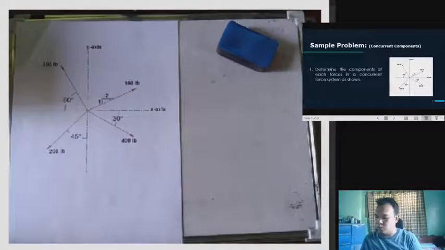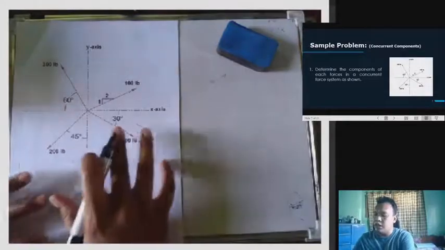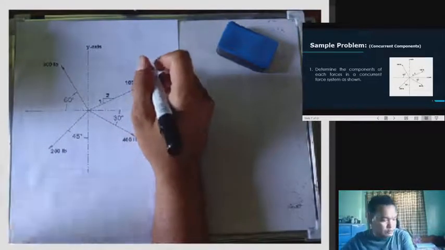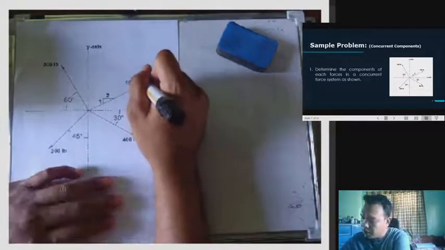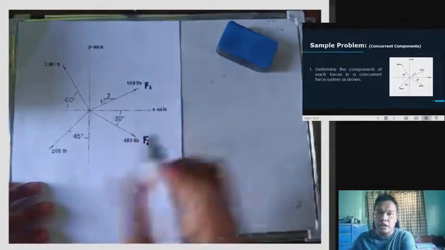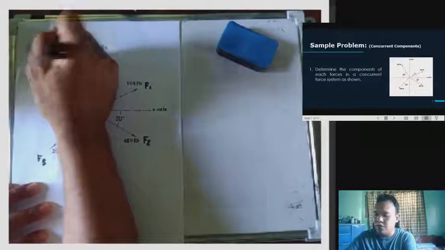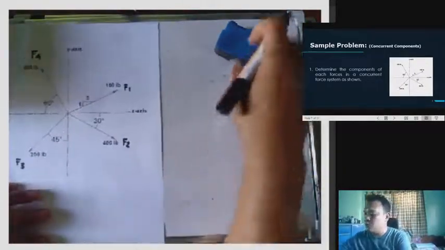Okay, so to get the components, we just sum up the Fx and Fy of each force. So, let's say these are F1, F2, F3, and F4. Okay, so let's go to the solution.